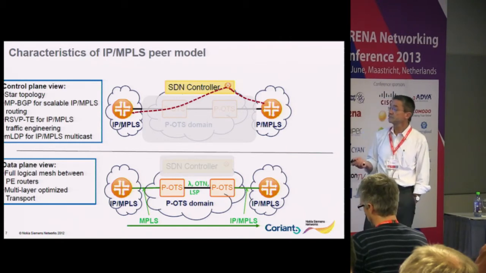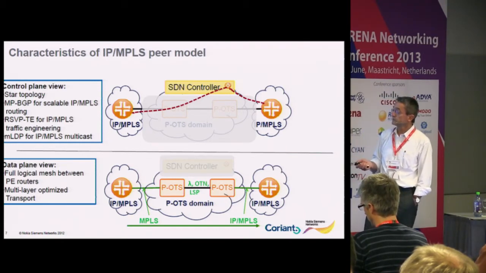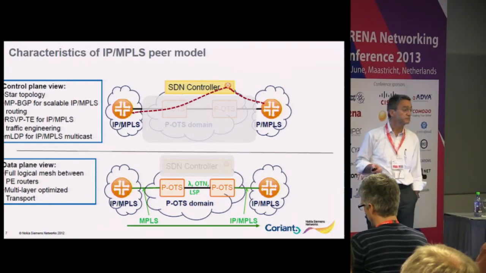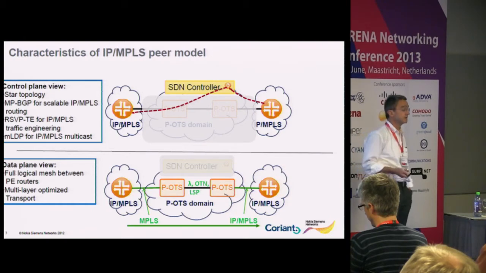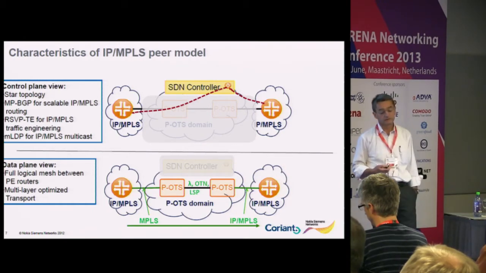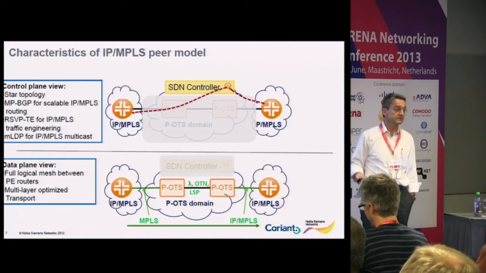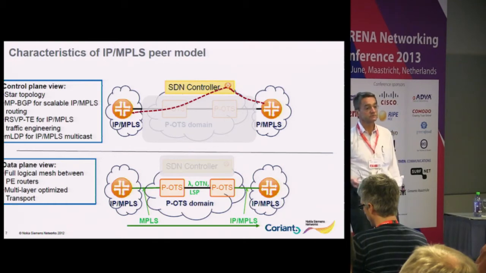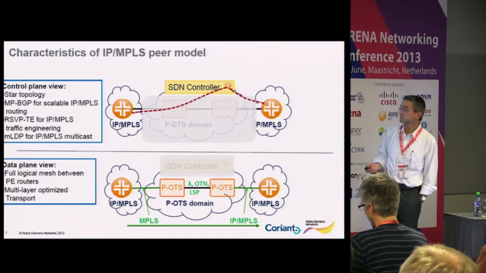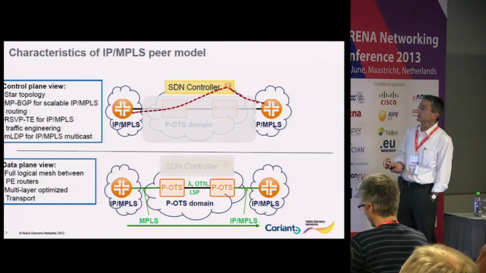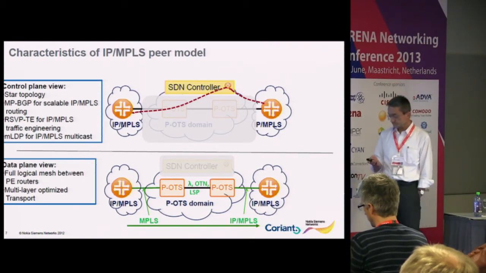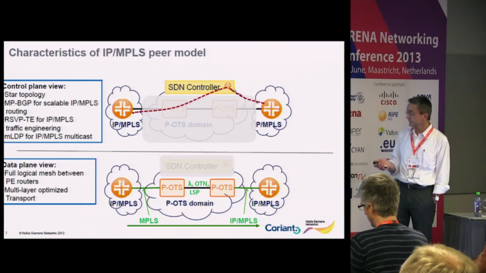From the data plane point of view, we propose here to have a full mesh between the routers and a multi-layer optimized transport, because that is still necessary if you want to build really cost-efficient and green networks. So, these are the different views of the network, so this is pretty simple.